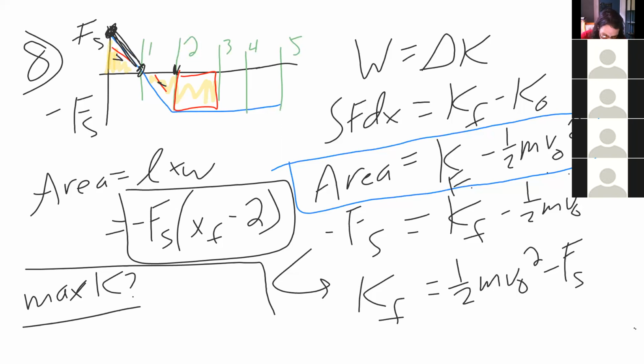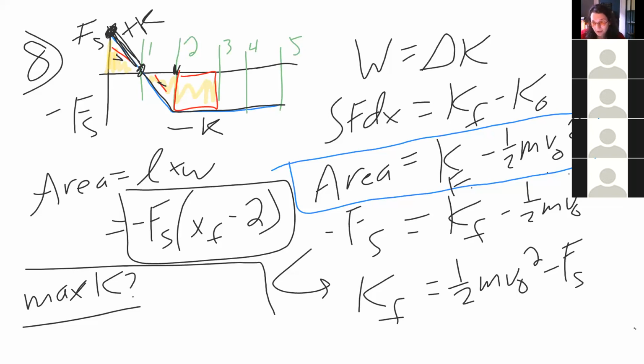So right here, we are adding kinetic energy. Once the force flips and is now a negative force, then from here all the way out, we'll be subtracting kinetic energy.